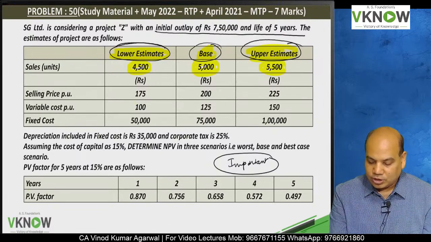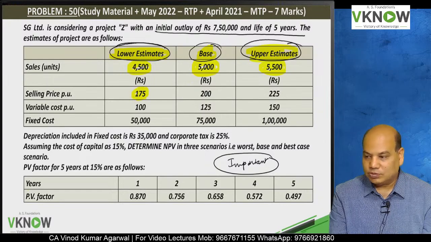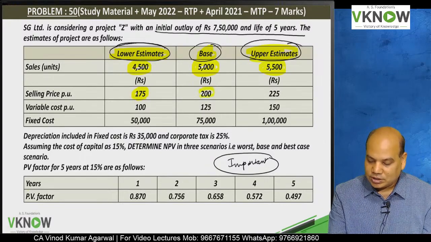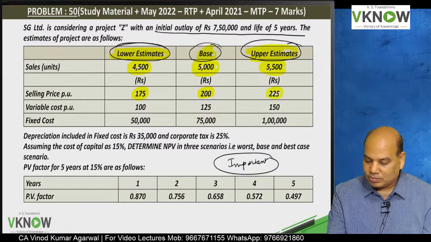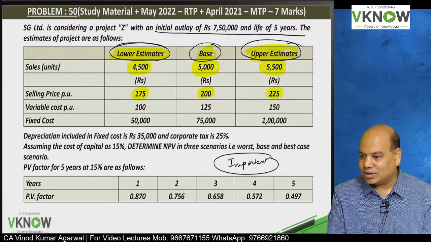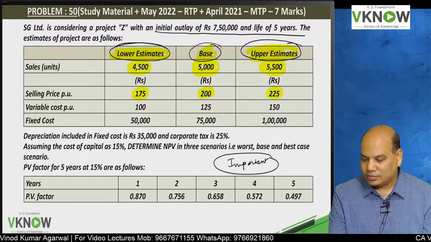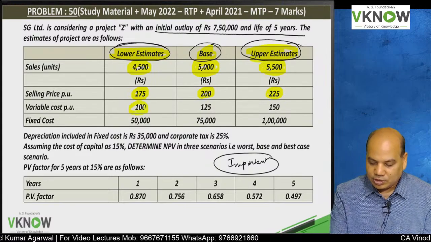Selling price per unit, this is worst case scenario, it will be low. Base case 200, best case, optimistic case 225. Now what about this variable cost 100 and 150?